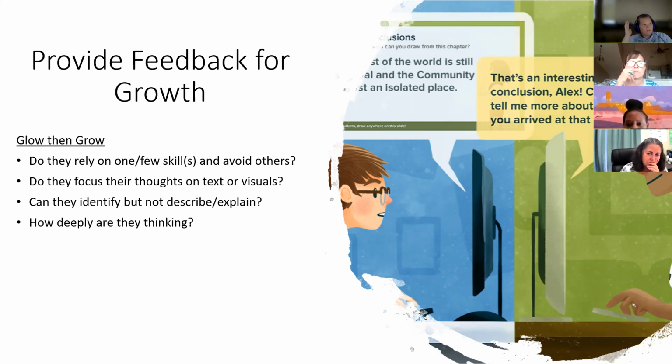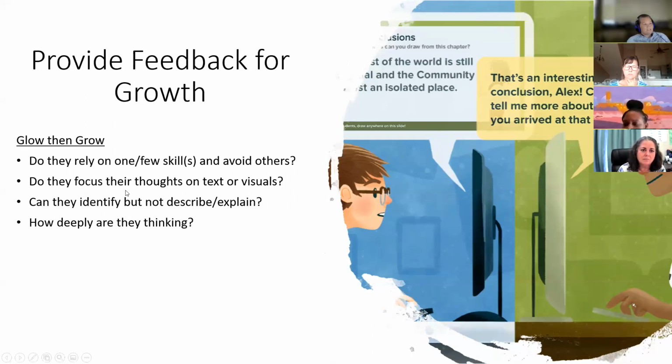If you give them the whole list of things to correct, again, they will shut down and they won't do it anymore. Even your gifted kids, they're like, no, it's too much. I can't do it. It's too much red on the paper. So giving them one or two areas of focus, then it sounds more like I am helping you grow and less like I'm giving you a grade.